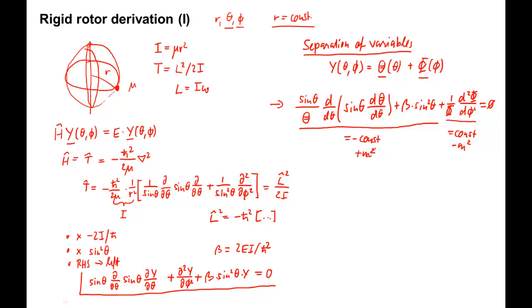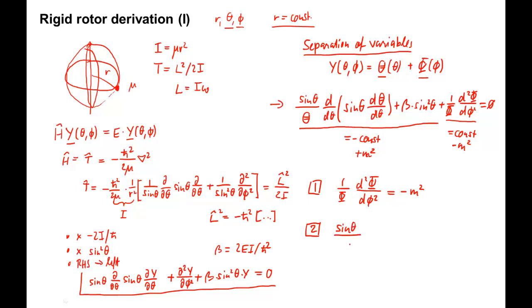We therefore have now two equations. The first equation is the equation for phi. 1 over uppercase Phi d squared uppercase Phi d phi squared equals negative m squared. The second equation is the equation for theta.